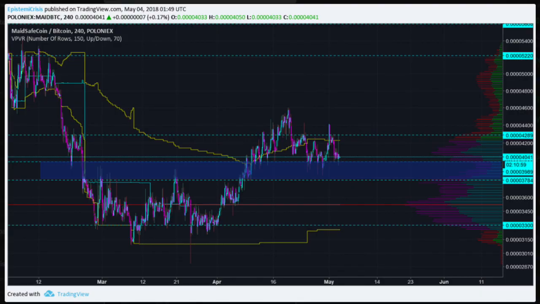All right, so this is MadeSafe. If you hadn't heard of it before, don't worry. I hadn't really either. So what we see here is that over the course of pretty much all of April, this coin has been trending upwards. It made a high, and then for the last 10 to 12 days, it has retraced down and appears to have found some sort of support.